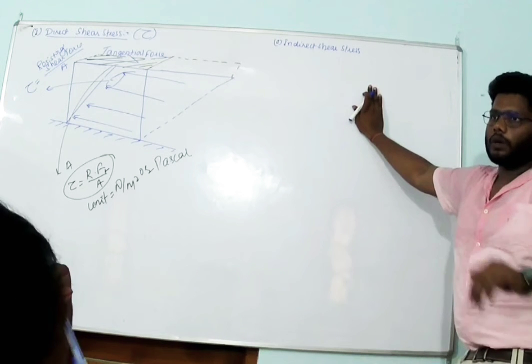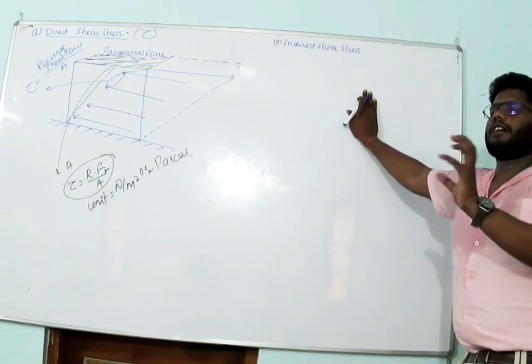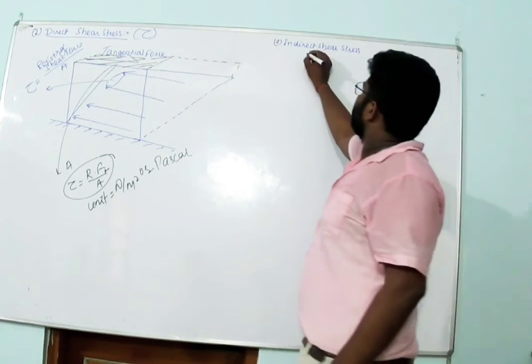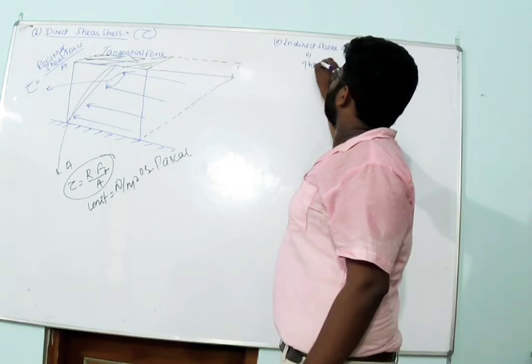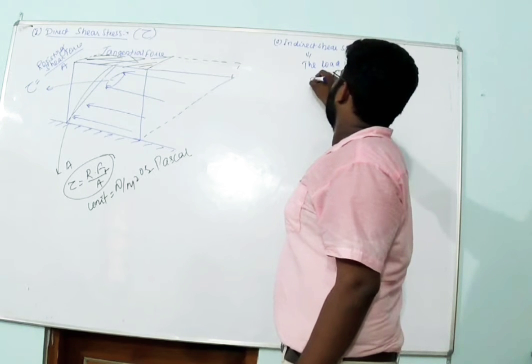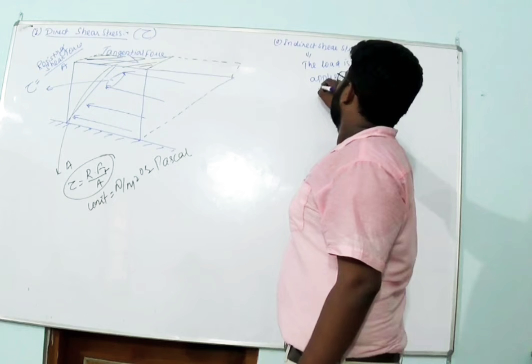On the surface we apply the load directly, but there is shearing occurring between the elements. Okay? That means the load is not applied over the surface.